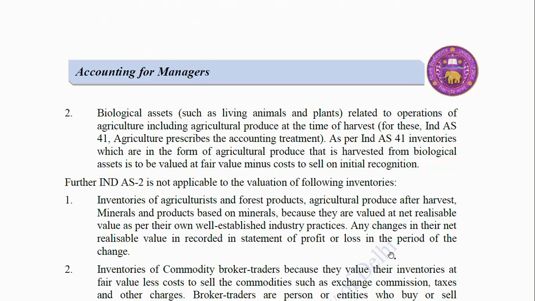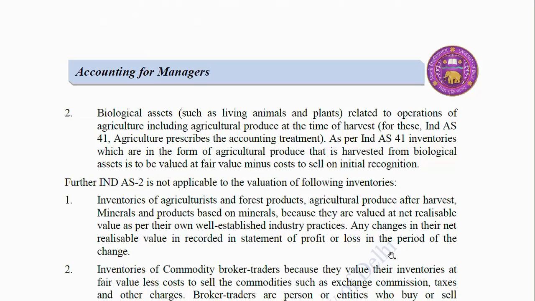For these, Ind AS 41 Agriculture prescribes the accounting treatment. As per Ind AS 41, inventories which are in the form of agricultural produce that is harvested from the biological asset is to be valued at fair value minus cost to sell on initial recognition.